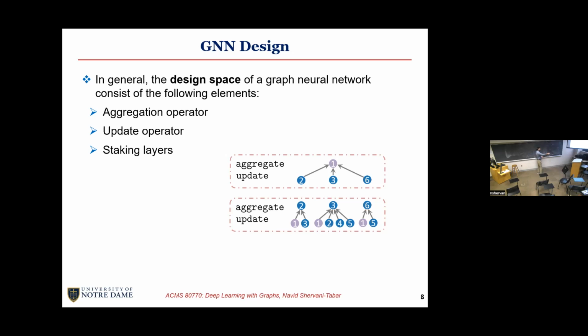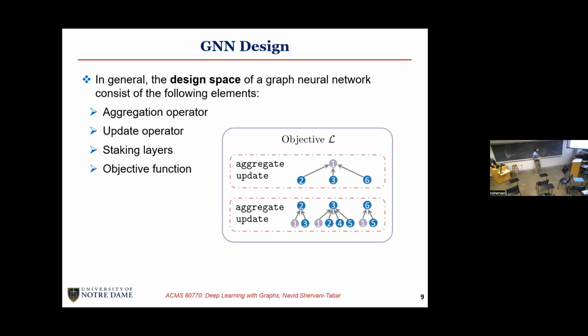So here, for instance, we can see that in the first layer, we have gathered information from these series of nodes into some incident node. And then in the next iteration, we have that information from the previous layer and propagate it to node 1, which has edges incident from 2, 3, and 6.